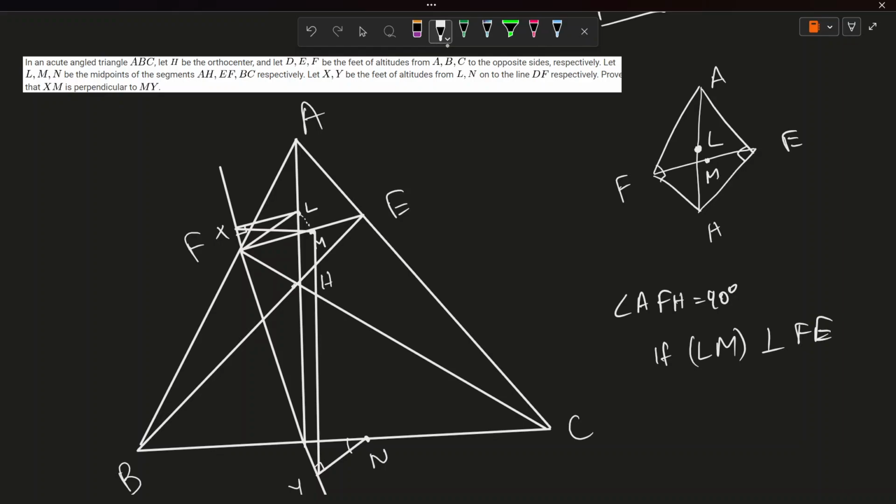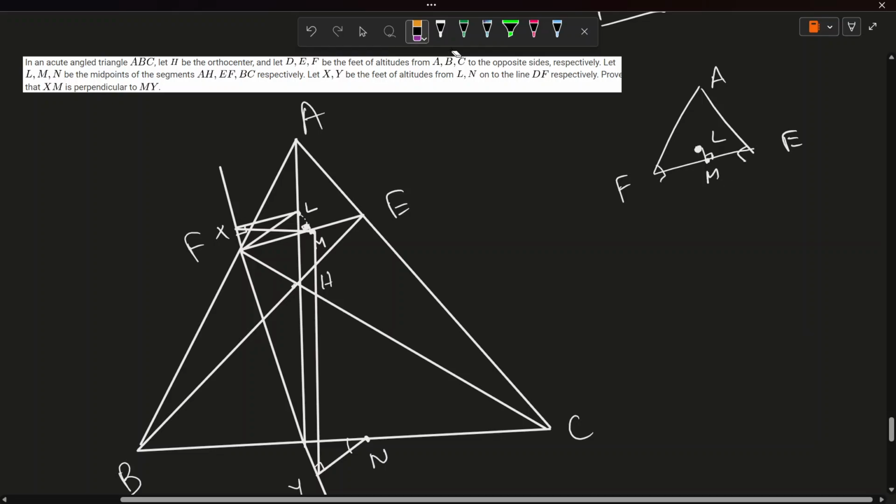So if this is L, this is M, and M is the midpoint of FE, then LM is perpendicular to FE. Basically, in our bigger diagram, this small angle is 90 degrees, and so I have proved that.